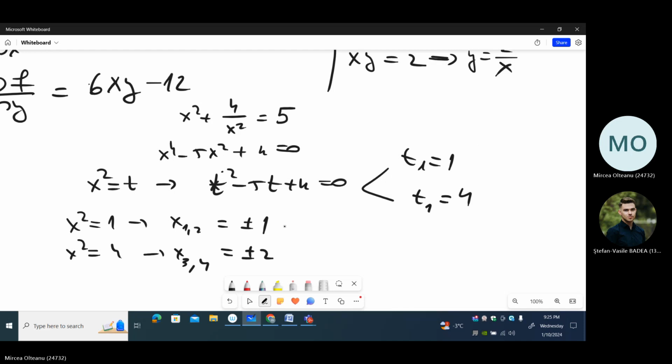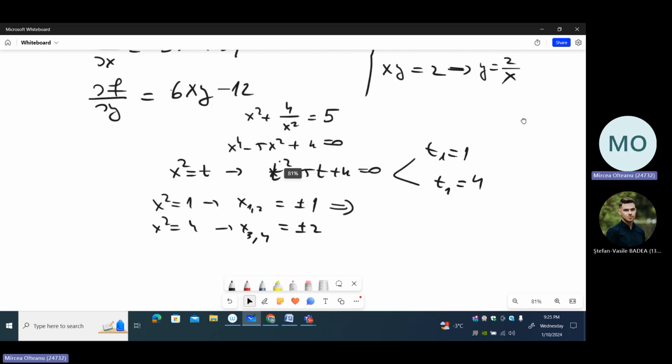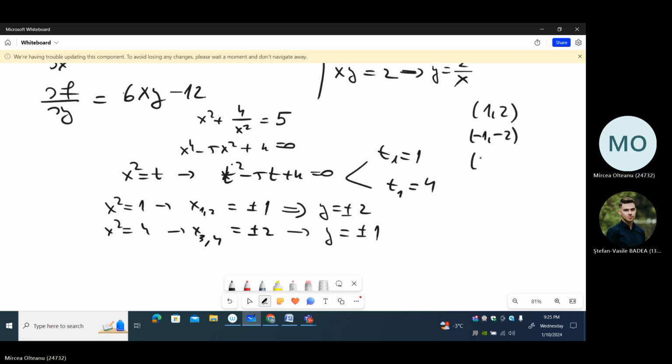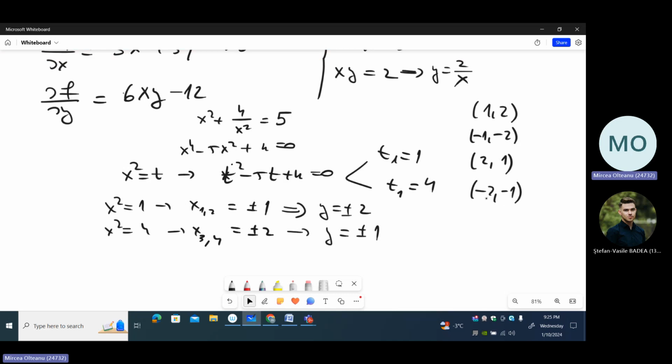And now we compute the values for y. Y was 2 over x, remember? So here y equals plus and minus 2. And here y equals plus and minus 1. So we have 1, 2, minus 1, minus 2, 2, 1, minus 2, minus 1. These are the critical points.